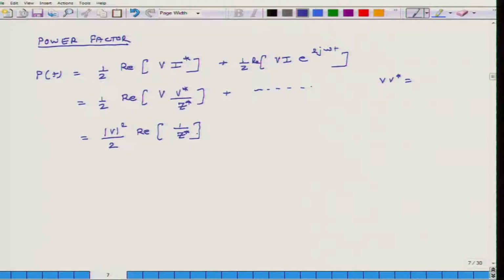Z star. Okay. Now, Z, the overall impedance of the system, would have some magnitude, let us call it modulus Z, and it will have some phase, e to the power of j psi. Okay. So, Z star would be modulus of Z e to the power of minus j psi.